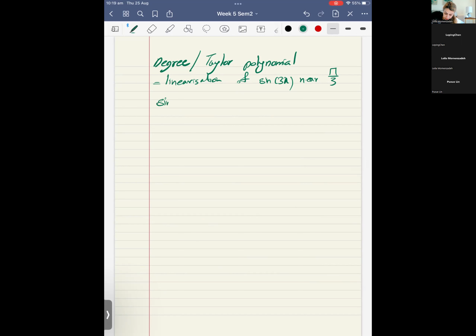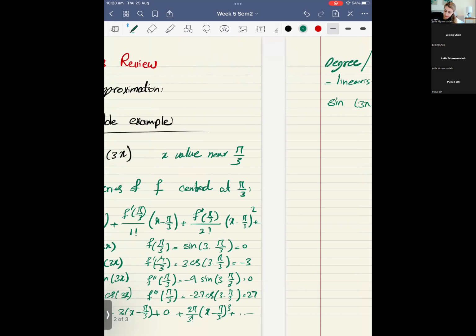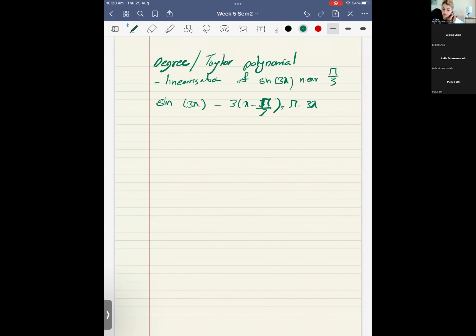I can write here sine 3x is approximately minus 3 times x minus pi over 3, which equals pi minus 3x, and you can see the degree 1 Taylor polynomial is the linearization of sine 3x near pi over 3.